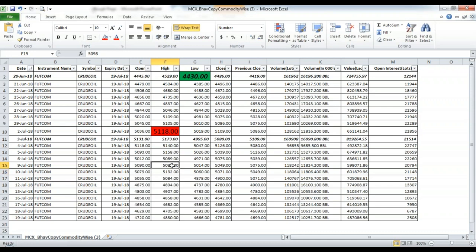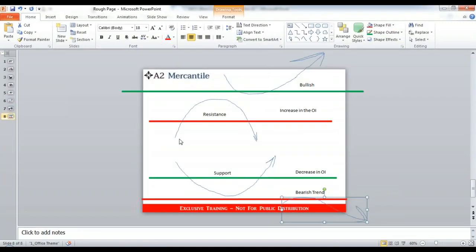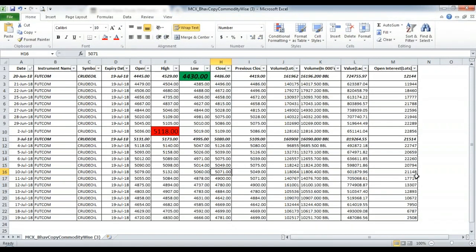The high is higher, and the close is lower than the high of yesterday. Resistance. Okay, and the open interest has increased more, correct?